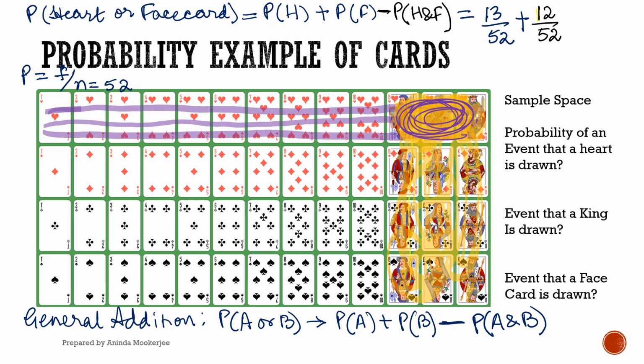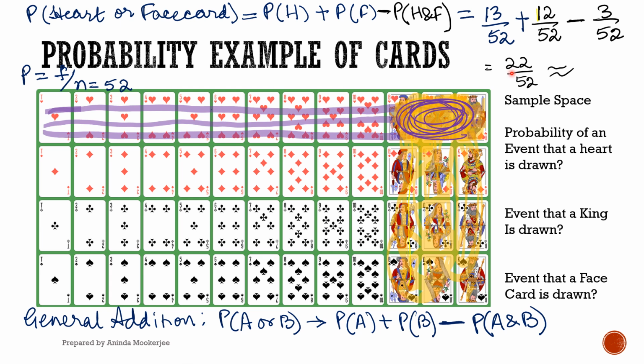And how many of those cards do we have where the cards are hearts as well as face cards? 3 out of 52. So subtract 3 out of 52. And whatever the answer is, 13 plus 12 is 25, minus 3 is 22 over 52. Whatever the calculation comes to is your probability.